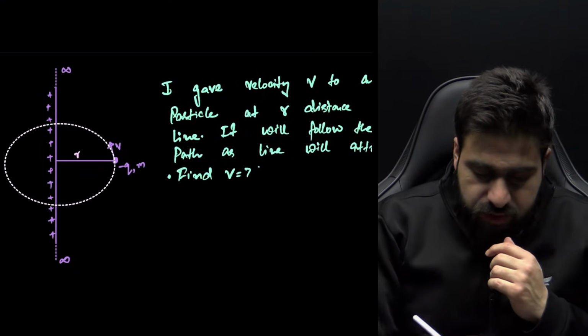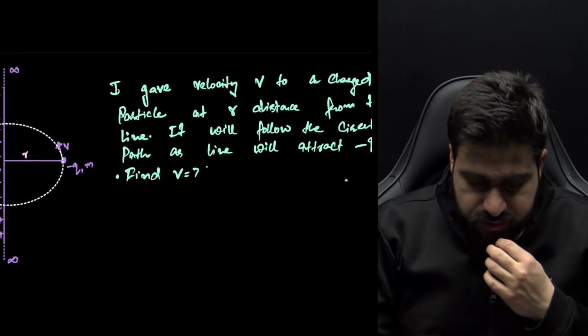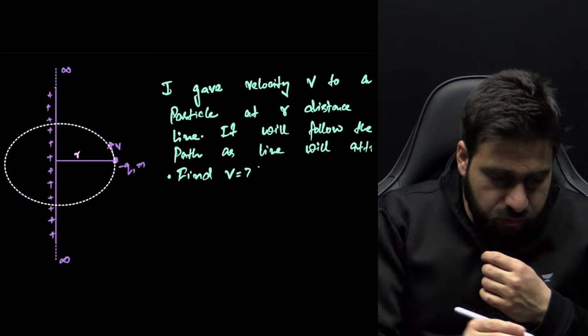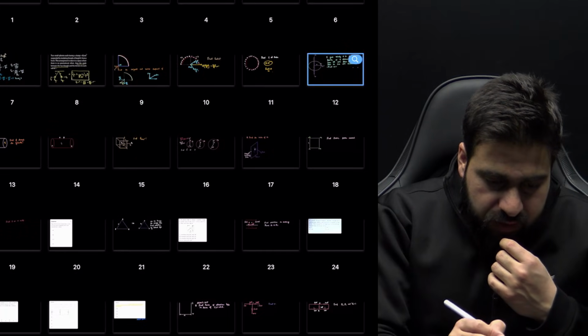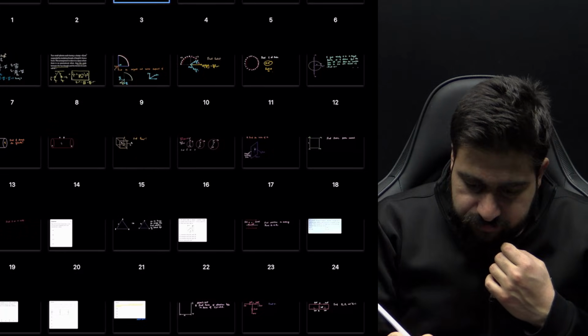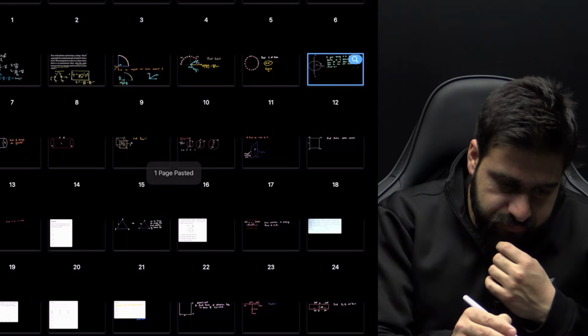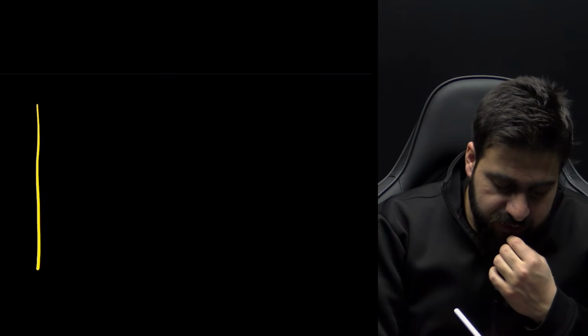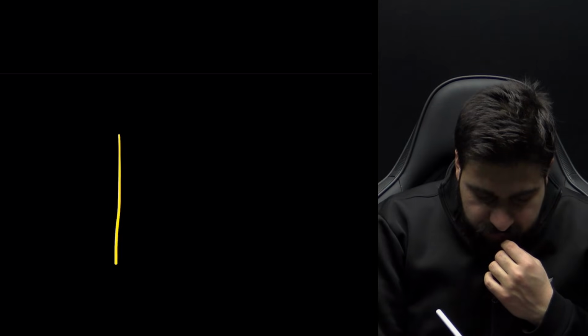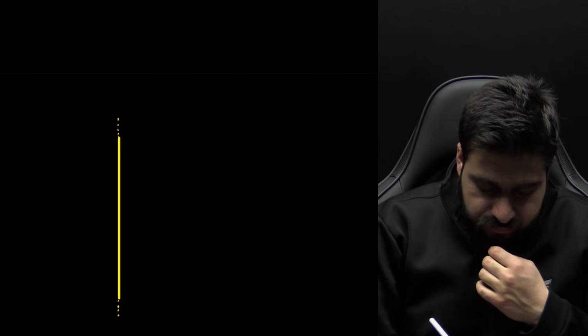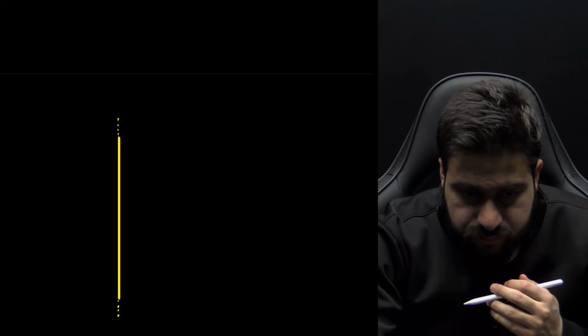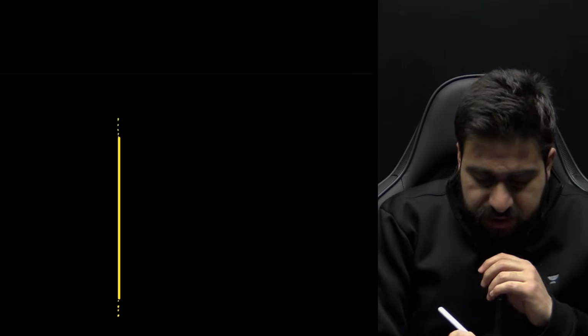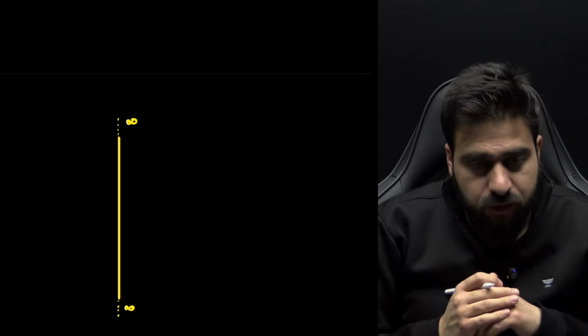Let me ask you this particular question. The question is, you have got an infinitely long rod. Now, my dear NEET aspirants, this is an infinitely long rod.